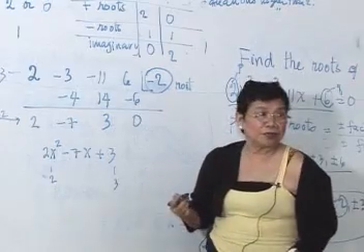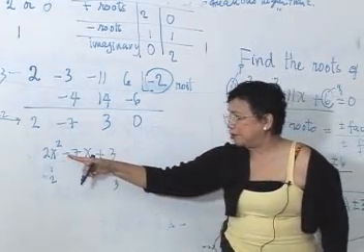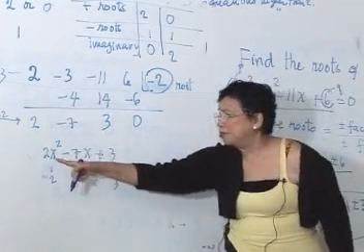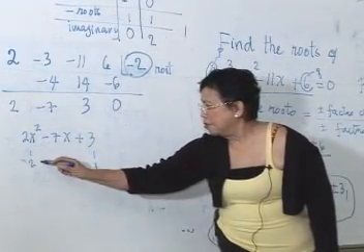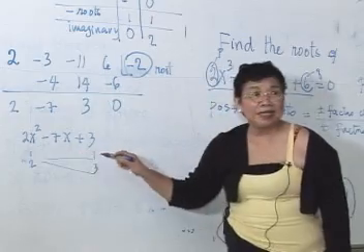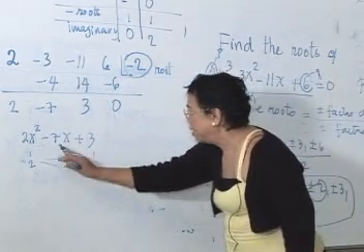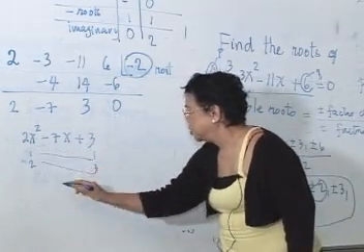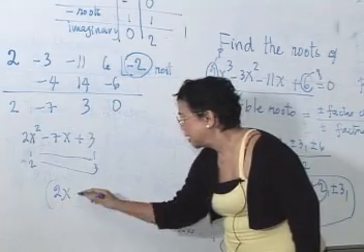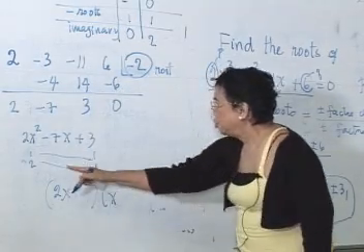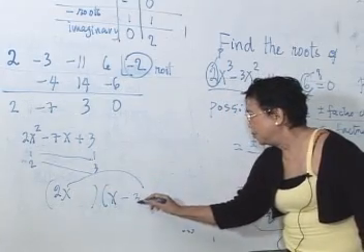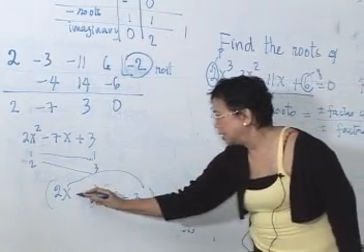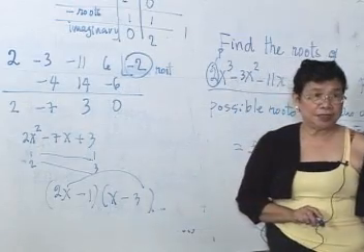No other factors. And they must be negative because both are negative. So, what combination? 2 and 1. So, 2x will be with x. 2 will be combined with 3. So, 3 will be here, all negative, and 1. So, these are the roots.